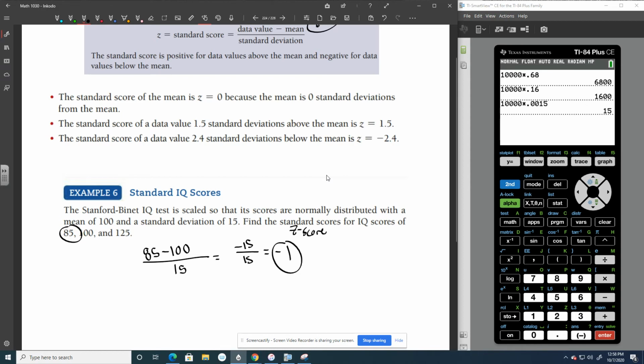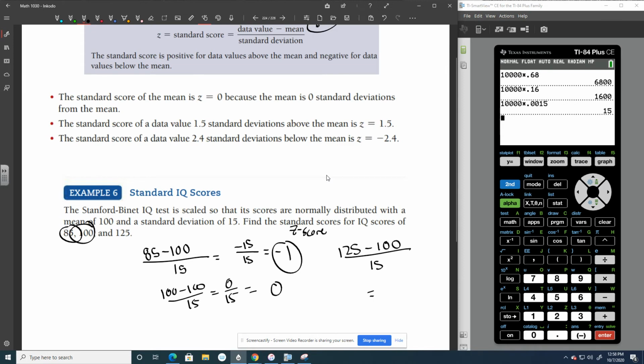So 85 is 1 standard deviation below the average, okay? 100, well, because that's the average, I know that the z-score is 0. If I take 100 minus 100 and divide by 15, that's 0 divided by 15, which is 0. And I know that because that's the average score. It should be 0. Now, if I take 125, I'm above the average, so my answer should be positive.